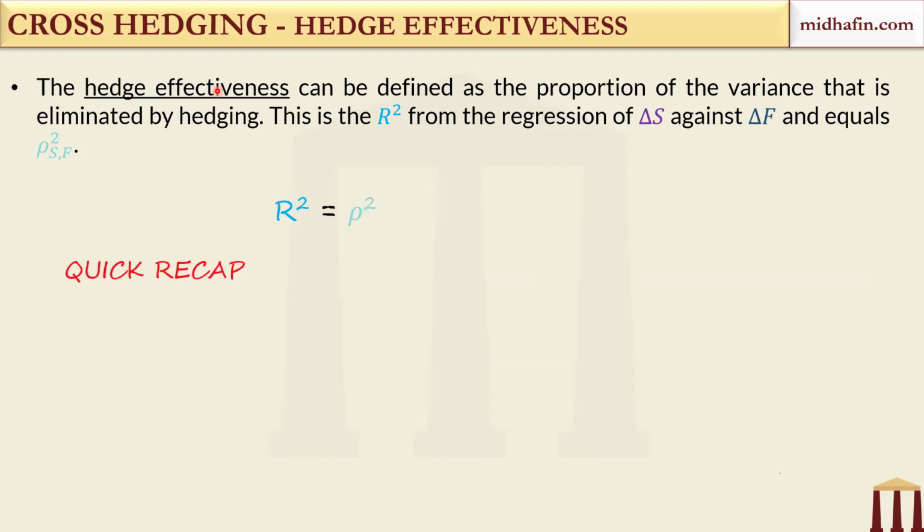Okay. Now let's just again do a quick recap from regression. Do you remember R square from a single regression was equal to how much in terms of correlation? What was the relationship between R square and correlation between X and Y?